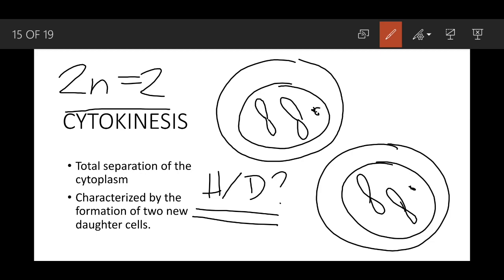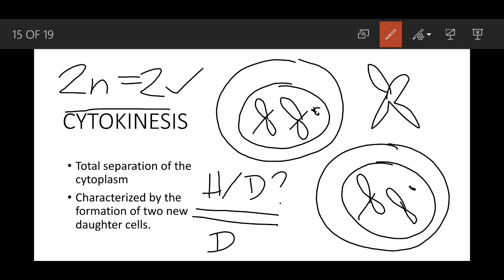Remember that during interphase, the chromosomes replicated, which is why the chromosomes in prophase look like butterflies. But at the end, it's still diploid, because you have two, similar to our equation. So that's how you count it for mitosis.